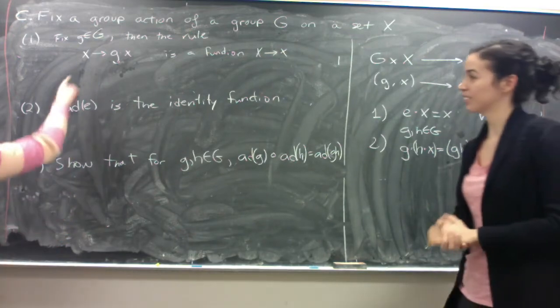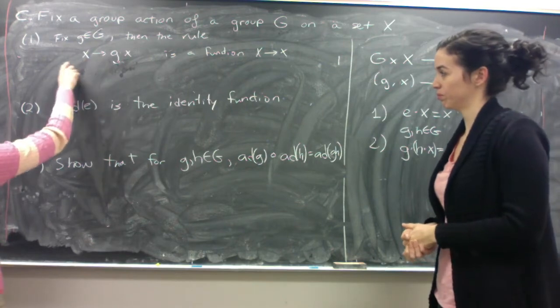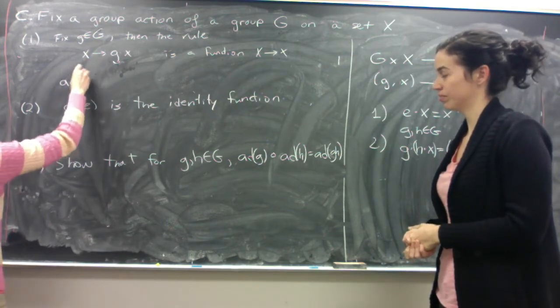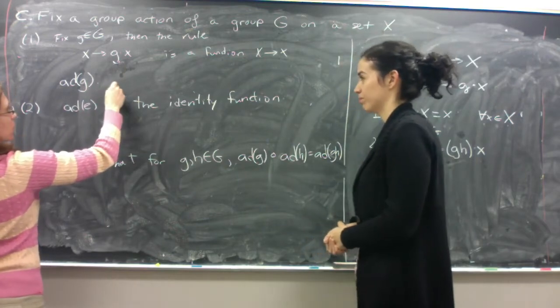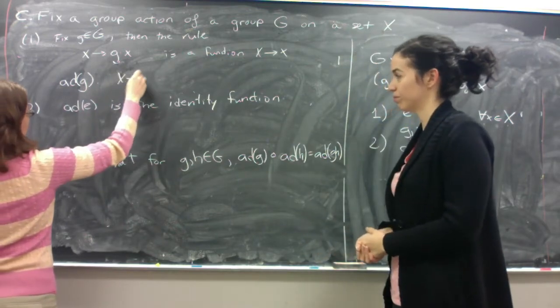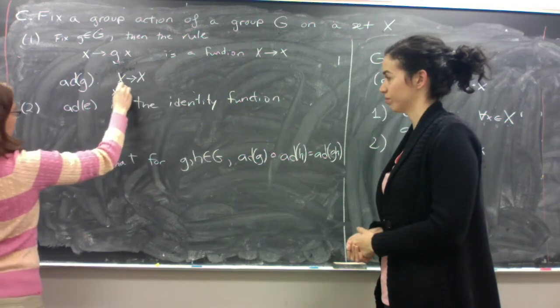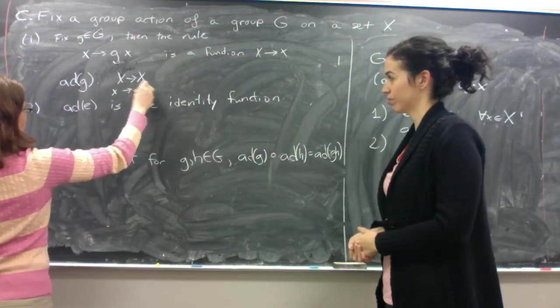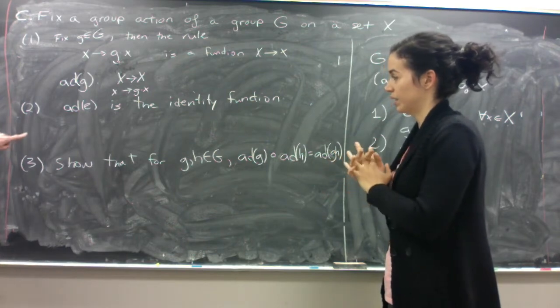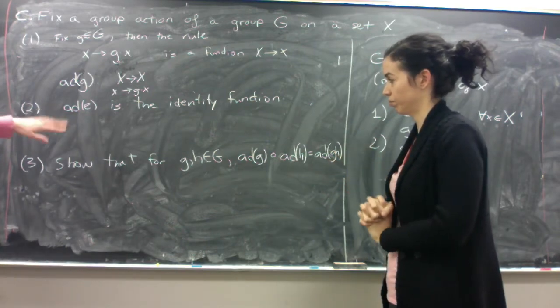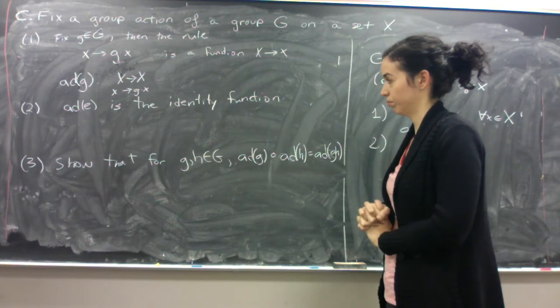And we're also told that we should denote this rule by ad G. So ad G is a function from X to X that takes X to G dot X. Then we want to show that ad E is the identity function. So what is ad E?